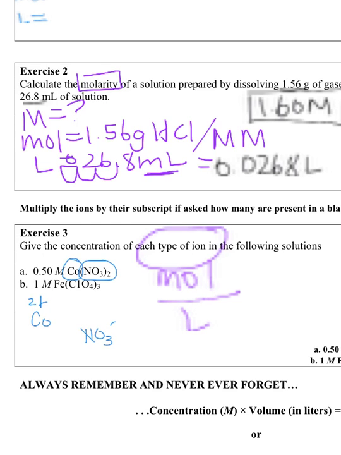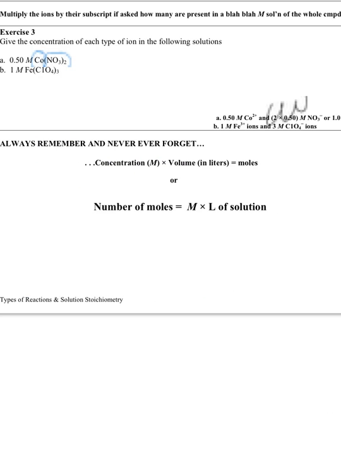We want to know how many moles of each of those ions do we have per 1 liter of solution. Let's start with the cobalt ions first. If I have 0.5 molar cobalt nitrate solution, that's 0.50 moles of cobalt nitrate per 1 liter of solution. I just rewrote that molar as moles per liter.